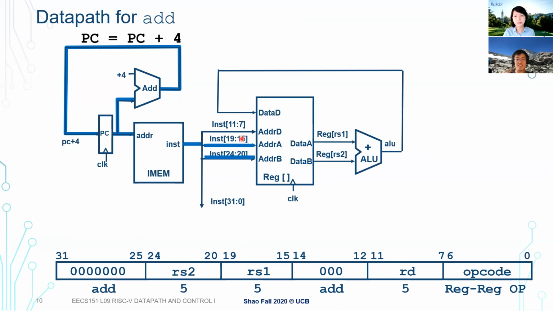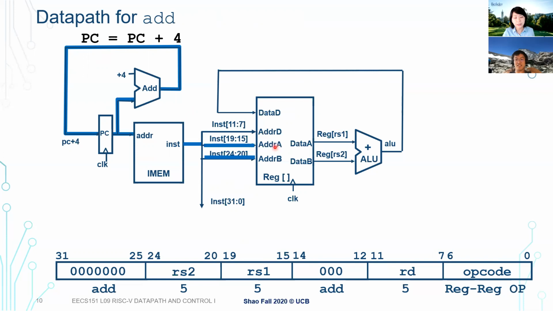We need to read two source registers, RS1 and RS2. RS2 here is between bit 20 and 24, and RS1 is between bit 15 and 19. And then we also need to write to a register here. This is RD, for write. This is the range between bit 7 and bit 11.